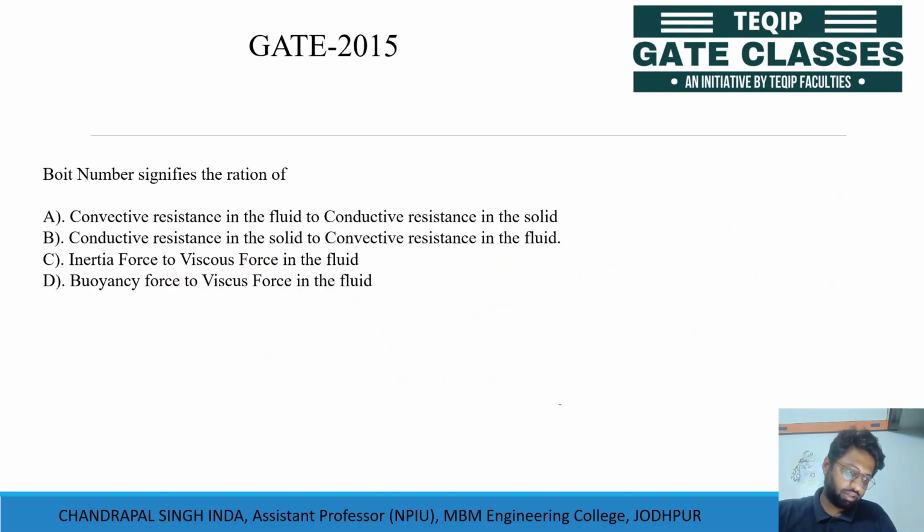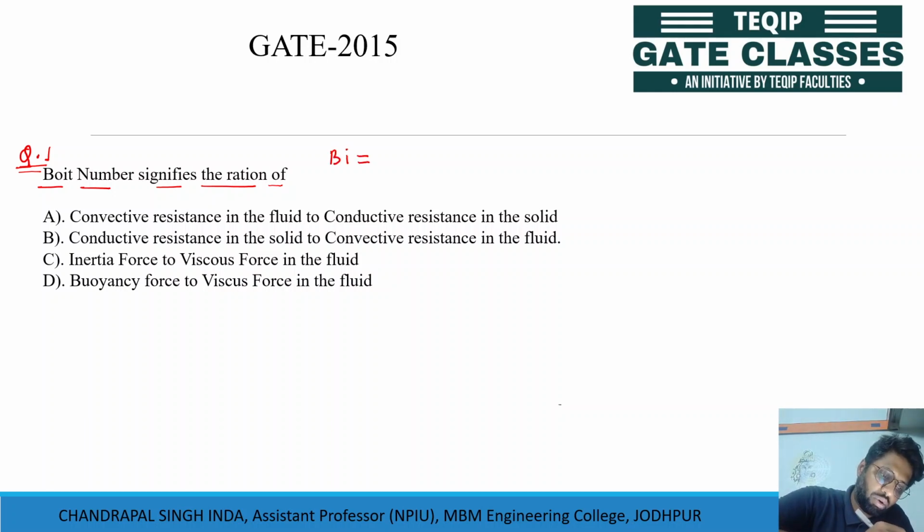The next question is on the Biot number, which you might have seen in the fin analysis. So the Biot number signifies the ratio of... the Biot number is also equal to hL upon k.